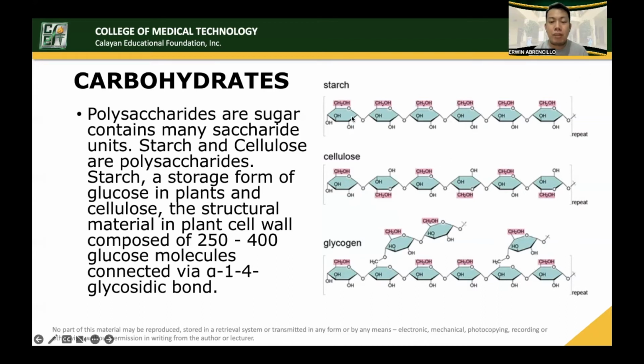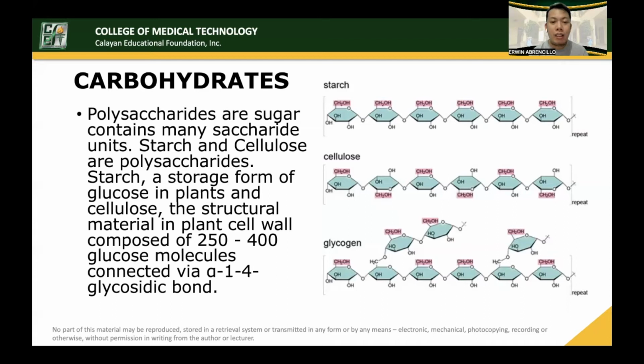And by the way, starch is a storage form of glucose in plants, just like sweet potato and other starchy foods.